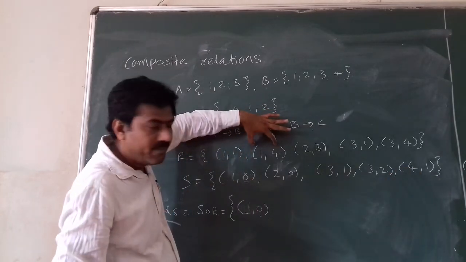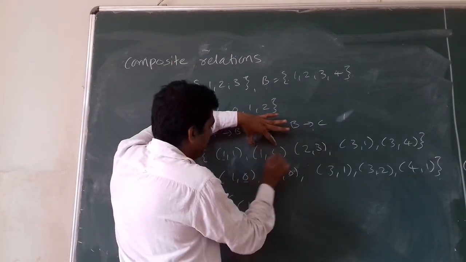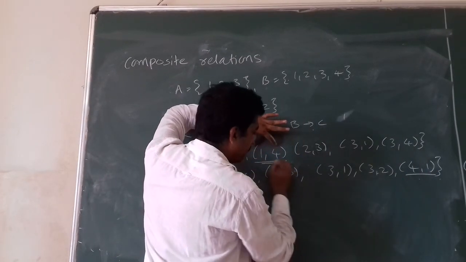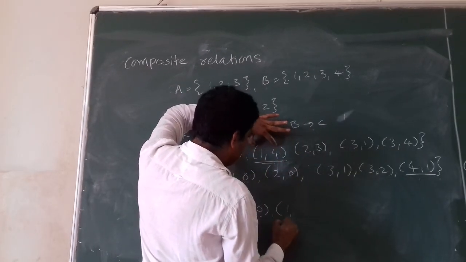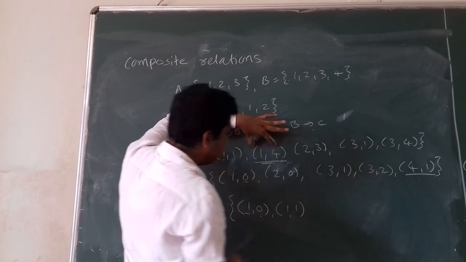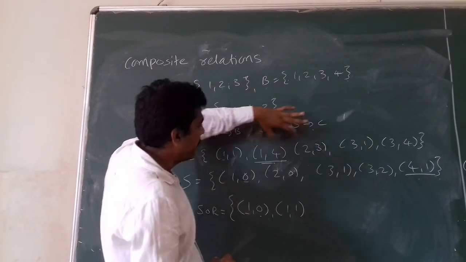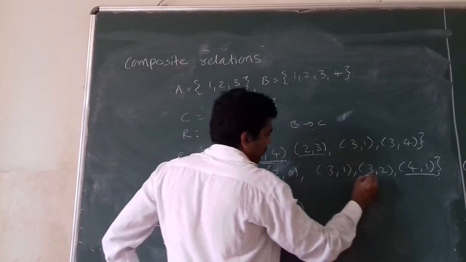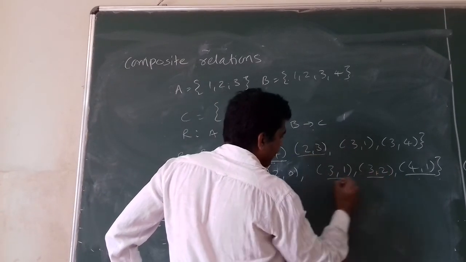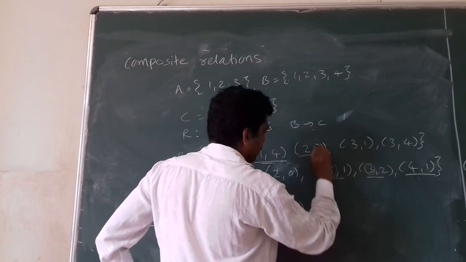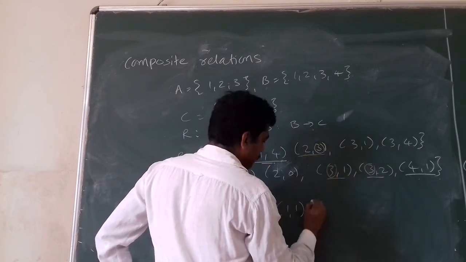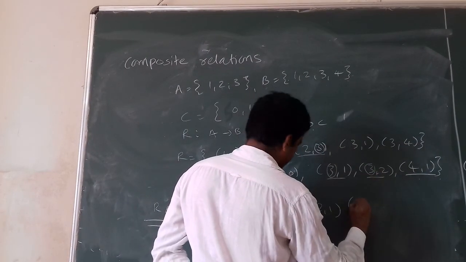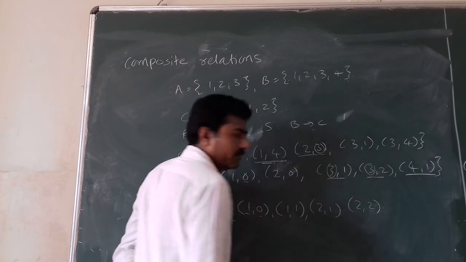Move on to the next element (1,4). Now (1,4) and (4,1) get composed and give (1,1). Next, for 2, we look at (2,3). We start with 3: (2,3), (3,1) becomes (2,1). And (2,3), (3,2) becomes (2,2).